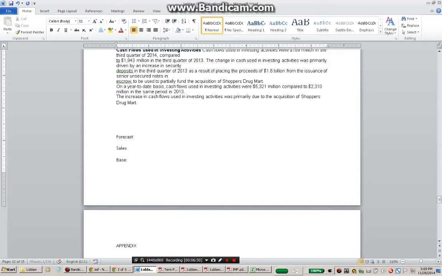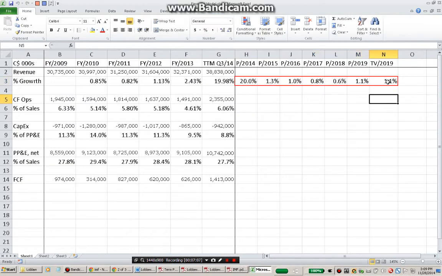So base case is going to be population growth of 1.2%. So 1.2, we're going to kind of go along the lines of population growth.